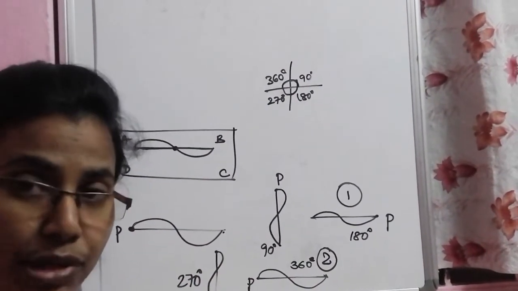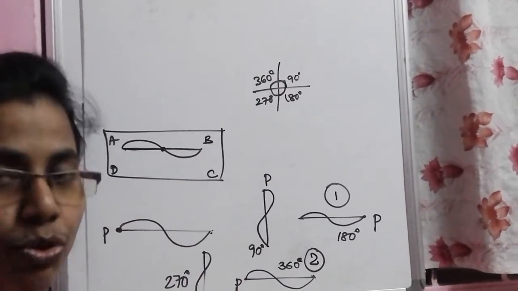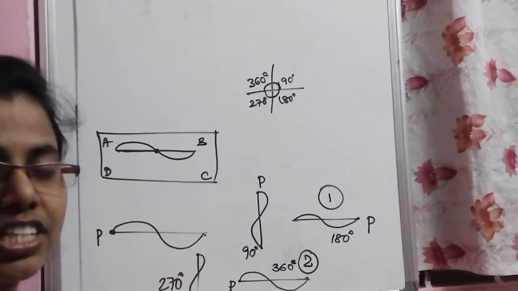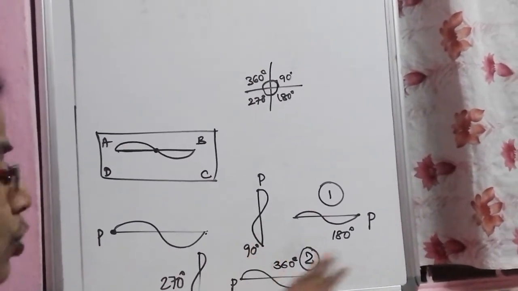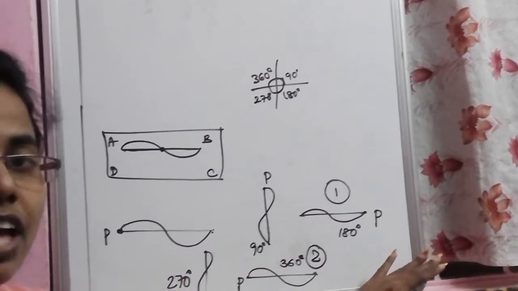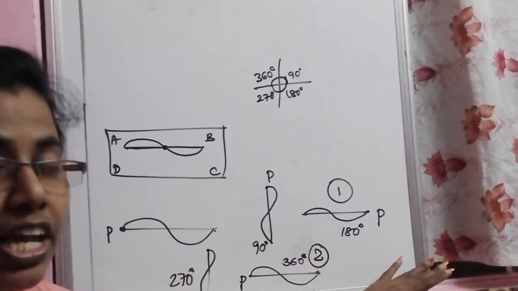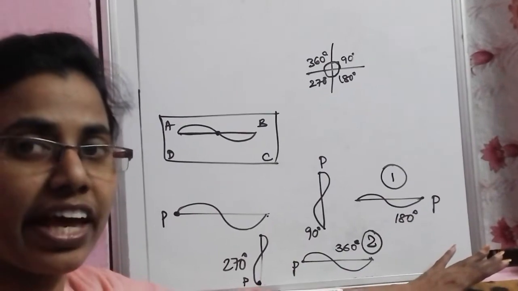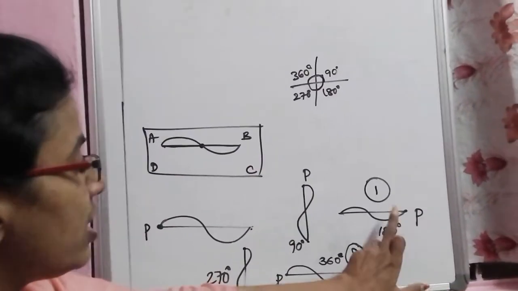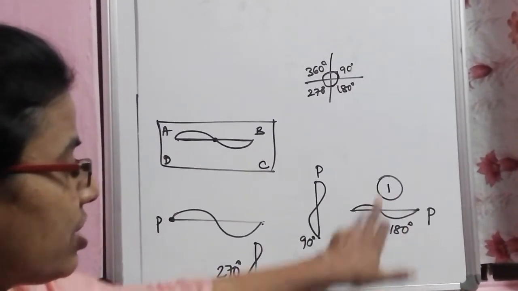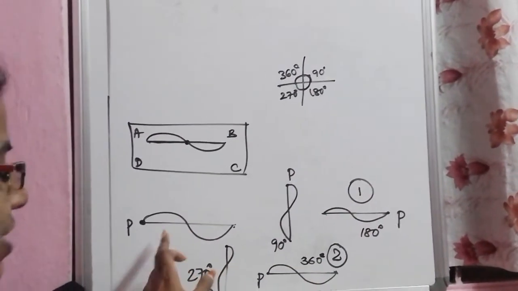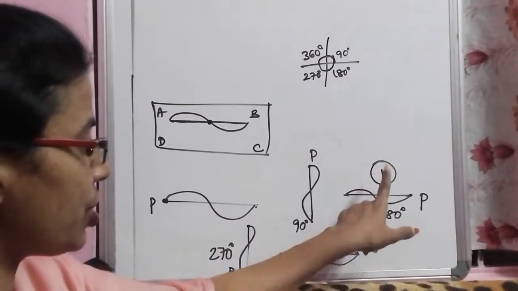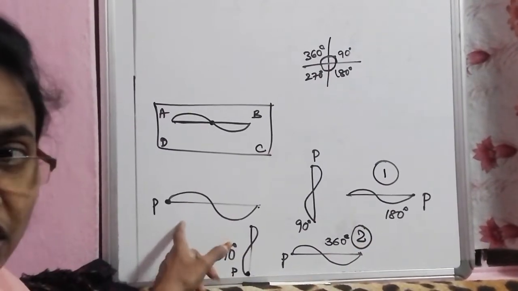For any given figure, when it is rotated 360 degrees, the shape is going to be the same. And to tell that a figure is having rotational symmetry, it should have more than one symmetrical figure. That is, here you can see that 2 times the shape is matching the original shape.